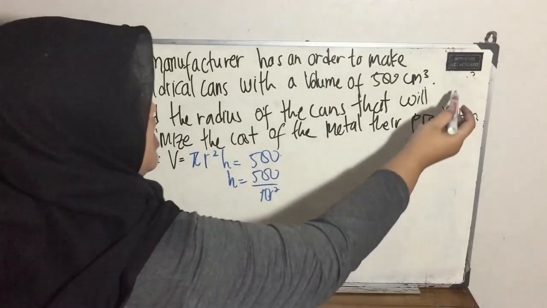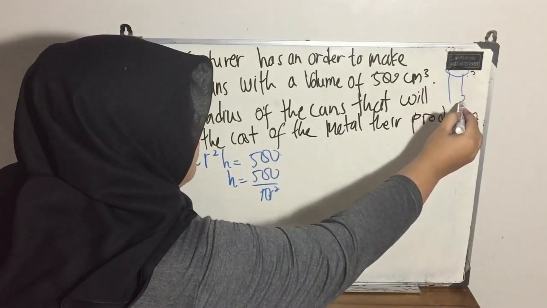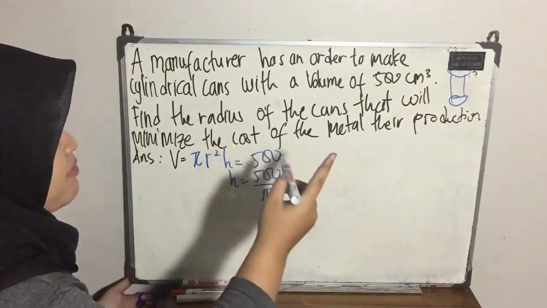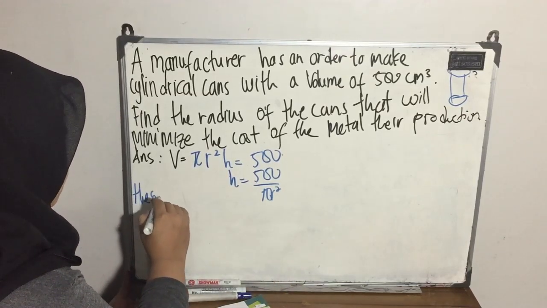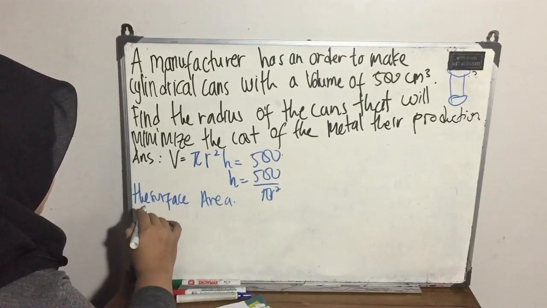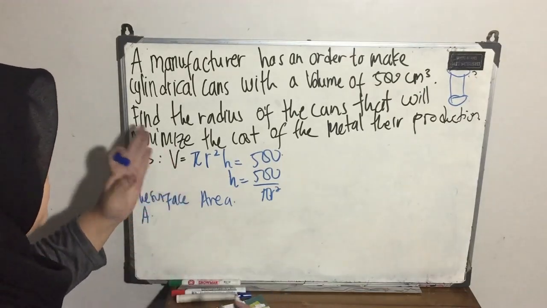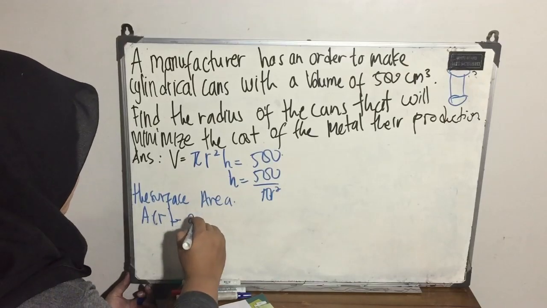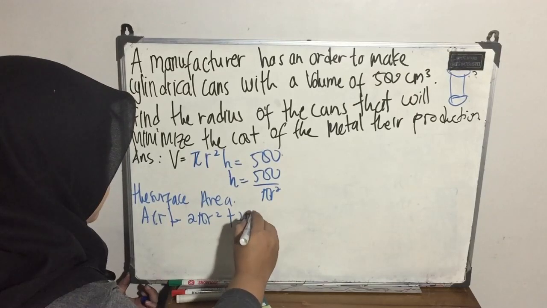You can imagine that if they want to minimize the cost of the cylinder, it means they have to minimize the surface area too. So the surface area is A(r) equal to 2πr² plus 2πrh.